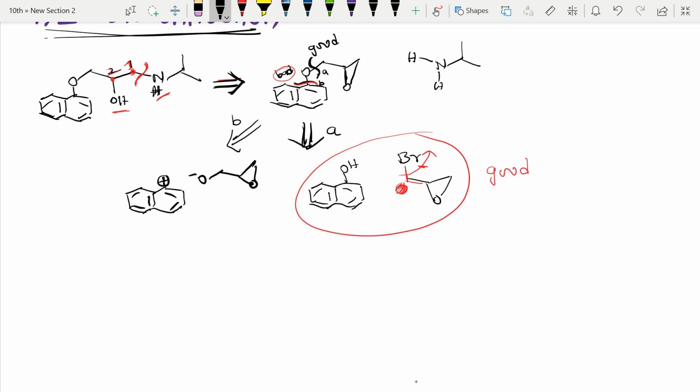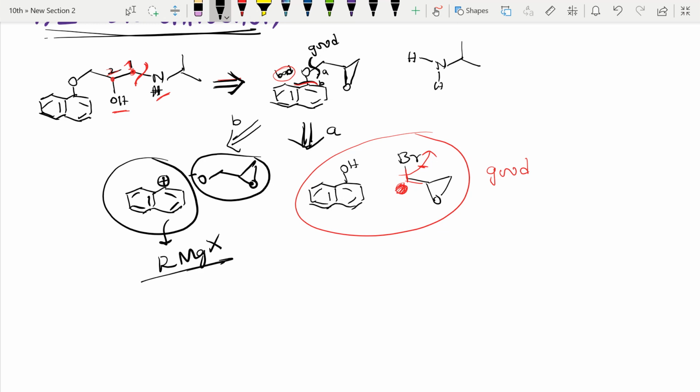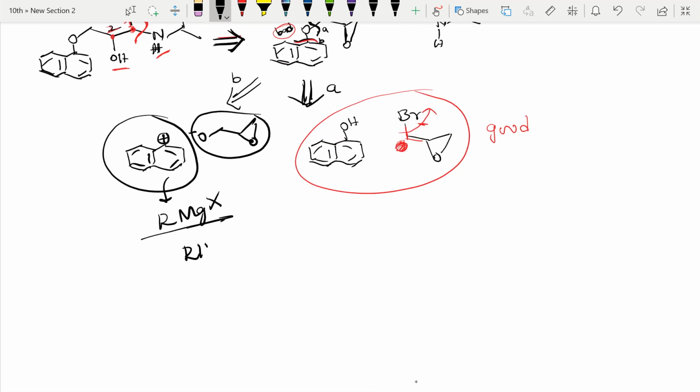So this equivalent reagent we may not get, right? You may say Grignard reagent is there, RMgX, right. But the problem with Grignard reagent is we need to maintain the temperature, and water should not be there, right? If water is there, then it will form the RH compound, right? Because of that demerit.